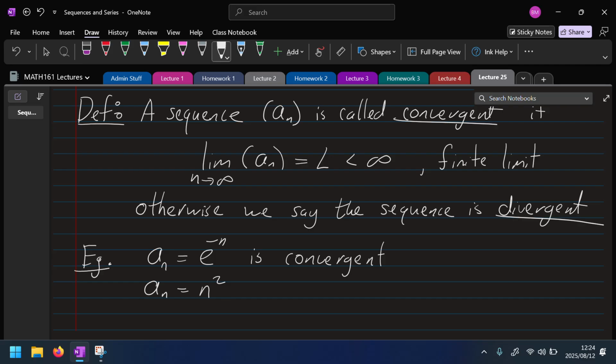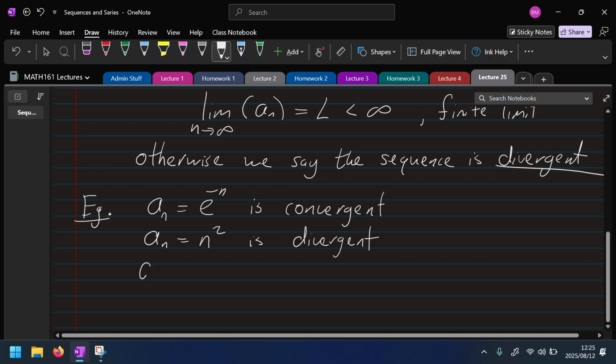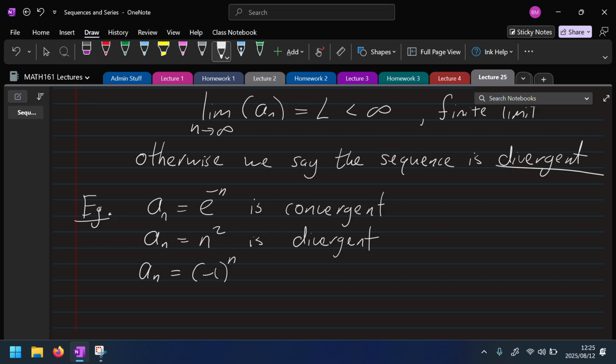Here when n goes to infinity, the whole thing goes to infinity, so it is divergent. And here we have a_n equals (-1) to the n. We can't take the limit, because as we increase n, it just goes plus 1, minus 1, plus 1, minus 1. There's no limit. Since there's no limit, it's not convergent. If it's not convergent, it's divergent.